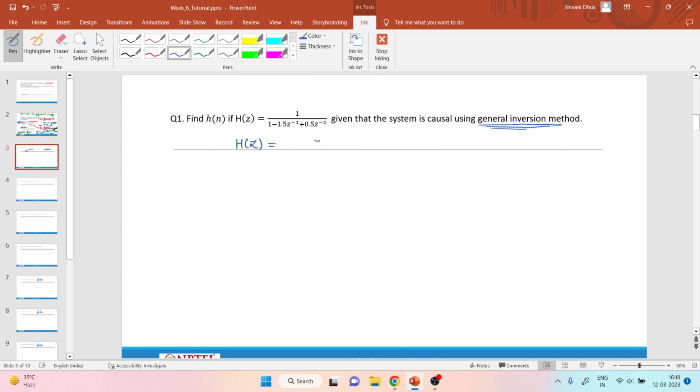I can just write it as z square upon z square minus 1.5 z plus 0.5, which is equal to z square into z minus 1 into z minus 0.5.